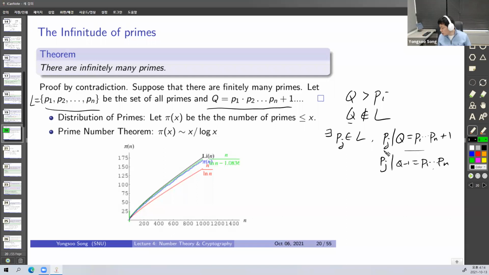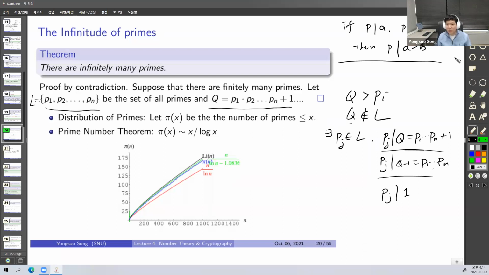So from these two conditions, you obtain that pj divides 1, because from the definition of division, if p divides a and p divides b, then p divides a minus b. There was a lemma we showed about this division in earlier slides: if a and b are both multiples of p, then their difference is also a multiple of p.